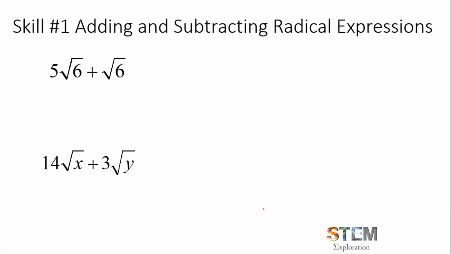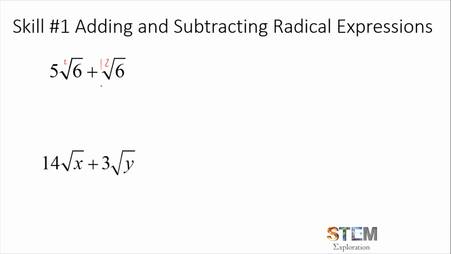So with that said, I want to talk a little bit about some basic rules of adding and subtracting radical expressions. The first thing I want to talk about is that if we have a simple radical expression, something that has the same nth root of 2 in both of these cases, we can treat this almost like a variable x, in that this is 5 square roots of 6 and this is 1 square root of 6.